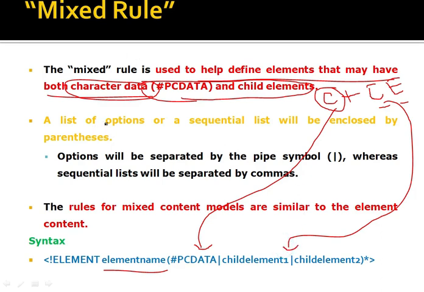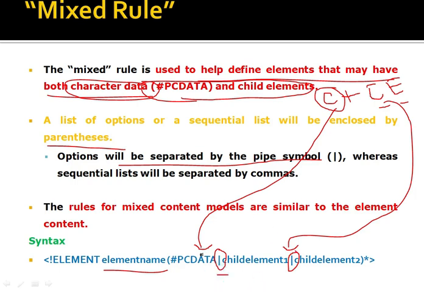So a list of options or a sequential list will be enclosed by parentheses. Like this, the list of options is enclosed by parentheses. Options will be separated by the pipe symbol. If the element is optional, that has to be separated by the pipe symbol.